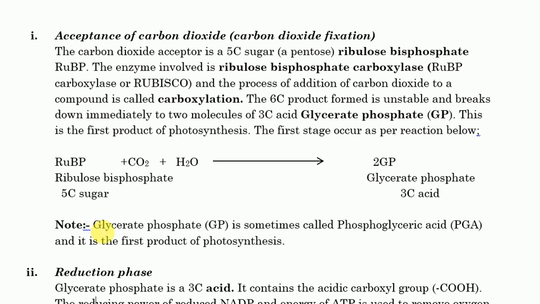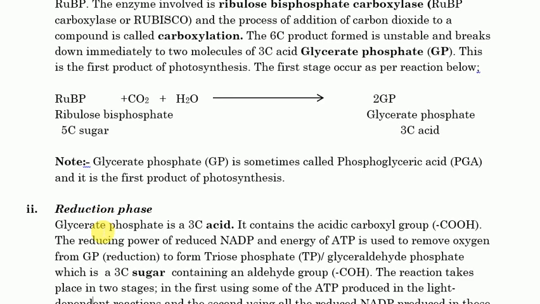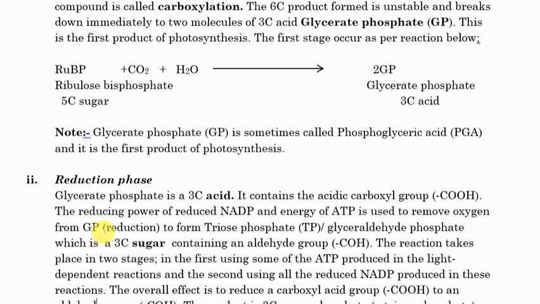Note that glycerate phosphate is sometimes called phosphoglyceric acid, PGA, or phosphoglycerate. That's the same molecule, and it's the first product of photosynthesis in C3 plants, but not the first carbohydrate, because glycerate phosphate is not a carbohydrate, it is an acid.